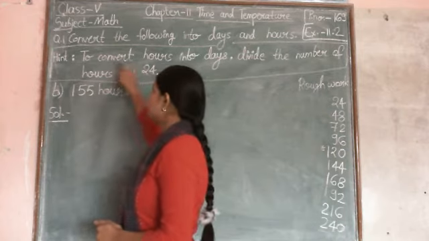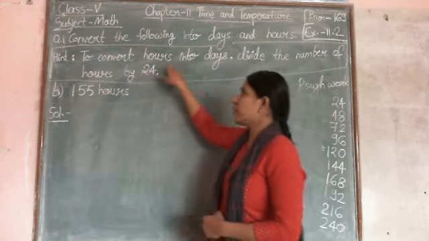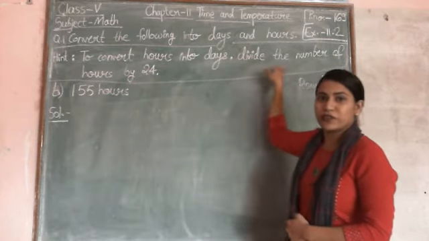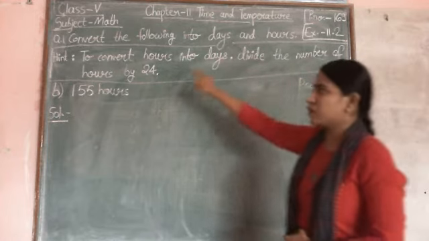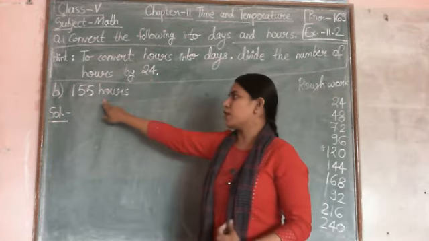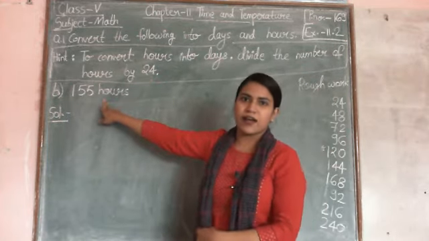What is the hint? To convert hours into days, we divide the number of hours by 24. So the number of hours is 155, and we will divide 155 by 24.